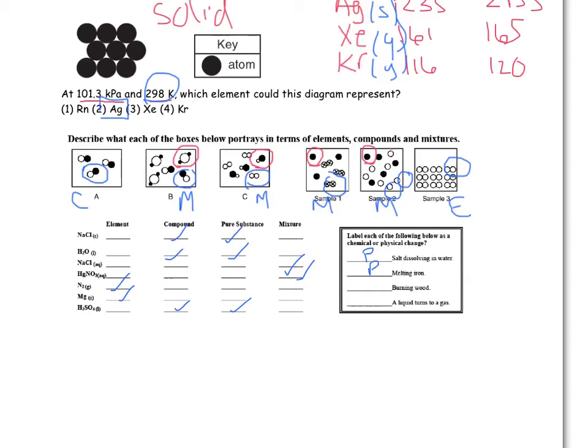Burning of wood, if I take a piece of wood and I burn it, I turn it to ash, its name changes because its chemistry changes, so that is a chemical change. And when a liquid forms a gas, when it evaporates or boils, we still have that substance. So when water boils, it forms water vapor, so that again is a physical change.